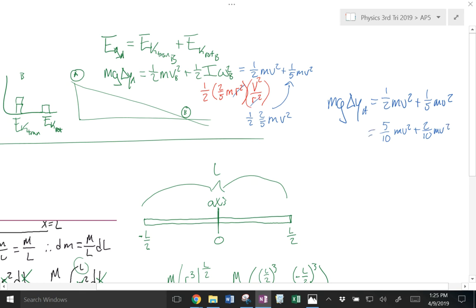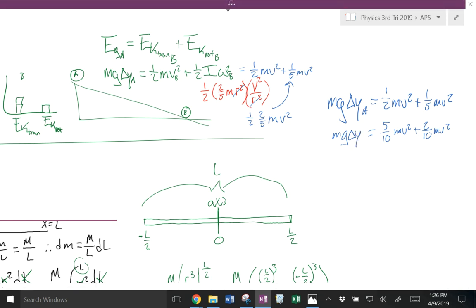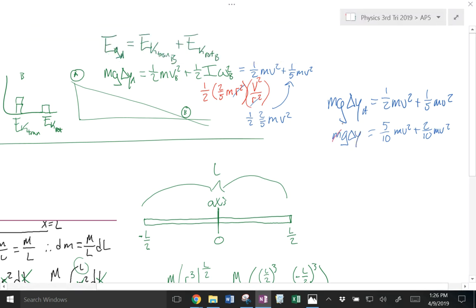Let's get rid of mass everywhere. g delta y equals 7/10 v squared. So v squared is 10 times g times delta y over 7. Square root all that, and that would be the velocity at v.